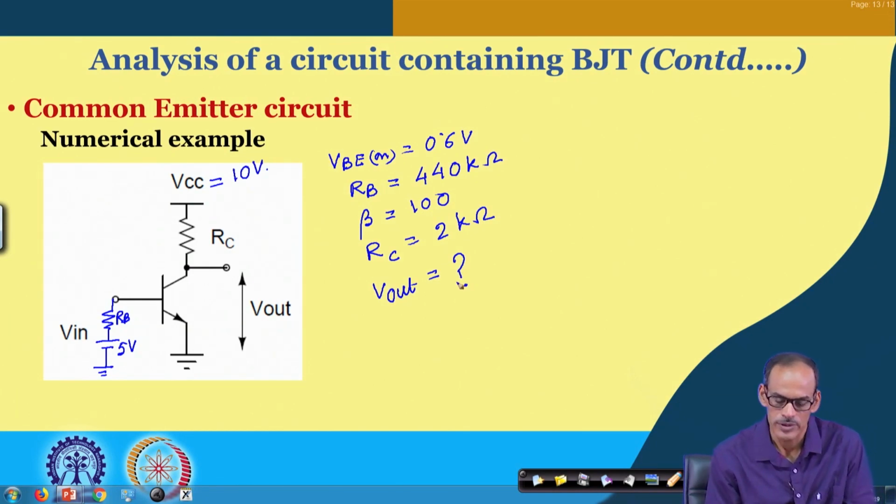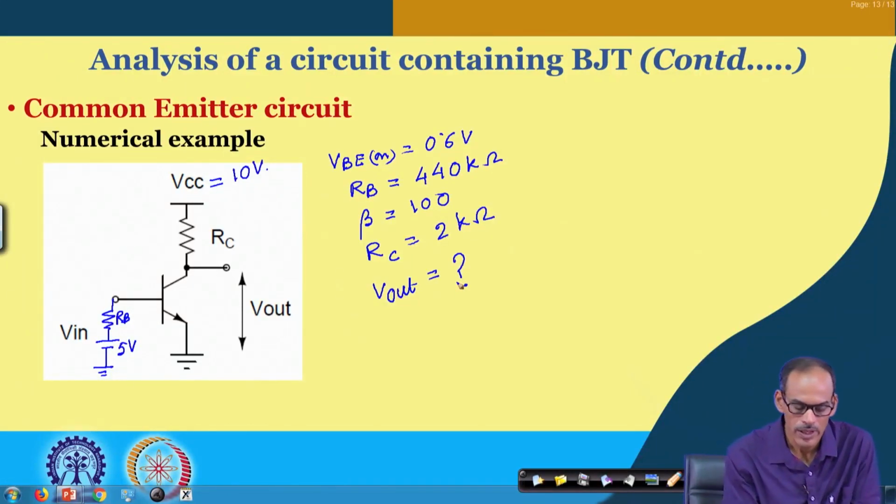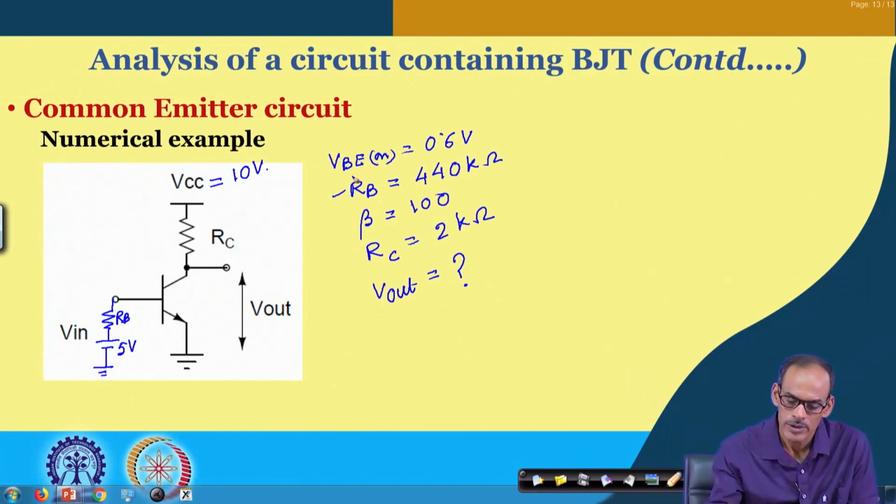So, how do you proceed? First thing is that we need to find IB by considering this RB and VBE on and then 5 volt.